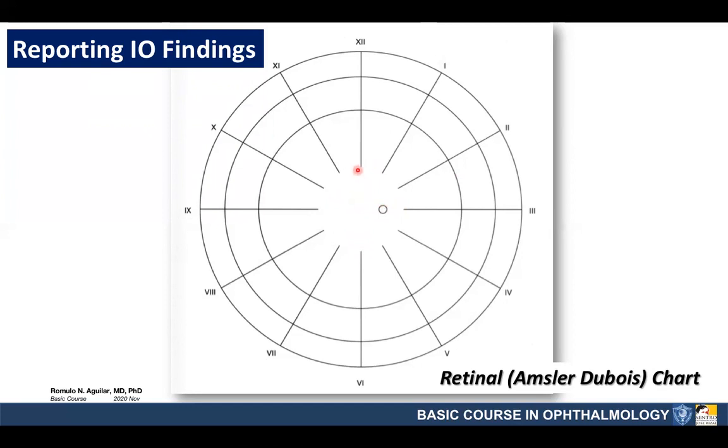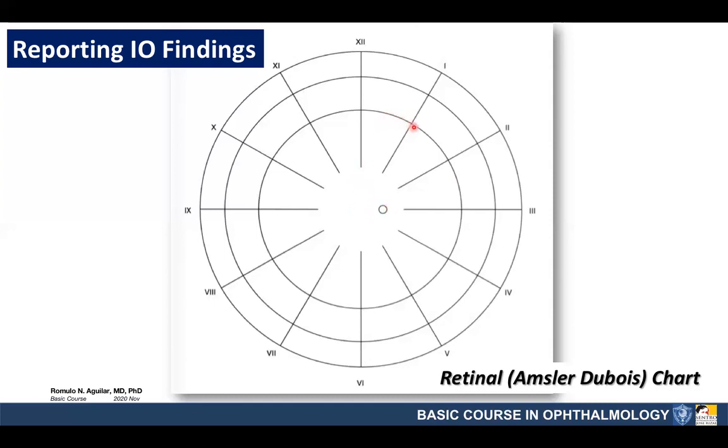Again, if you extend the line 12 to 6 and 9 to 3, it will intersect right at the center. And that is where the fovea should be. So you draw the fovea there when you start drawing your retina.